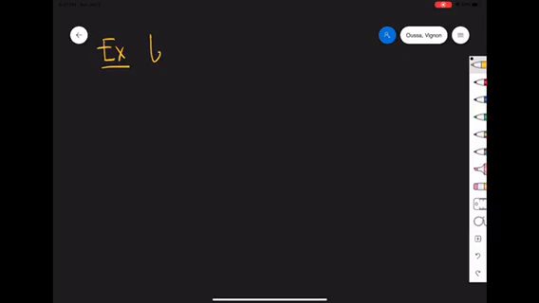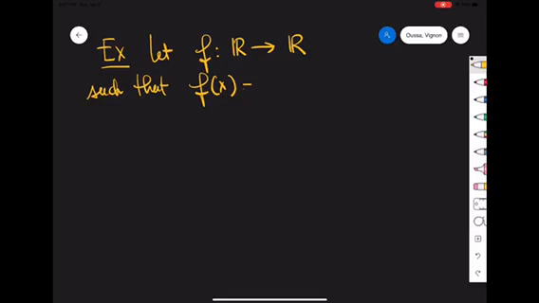Here's an example. Let f be a function between the reals and the reals, such that f of x is equal to x squared.